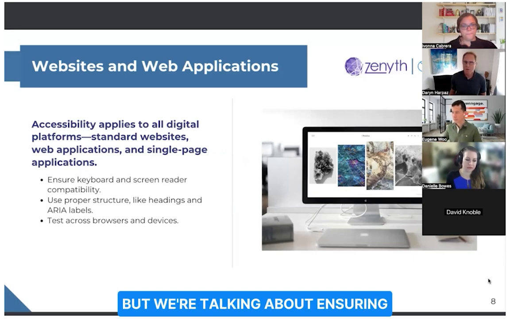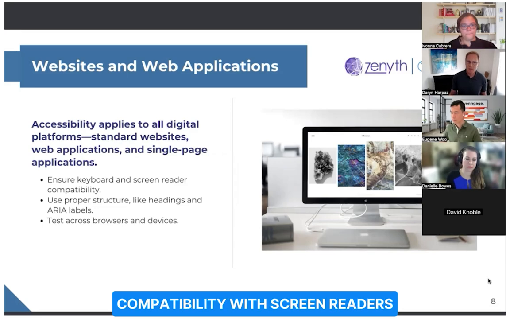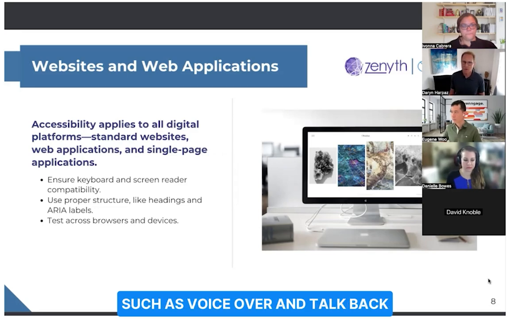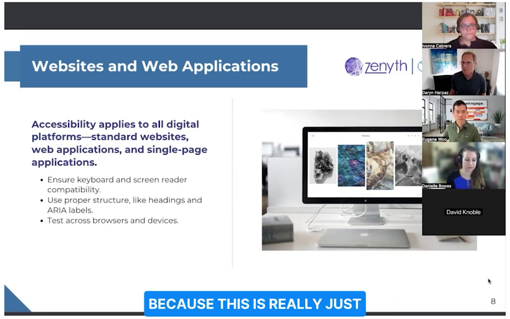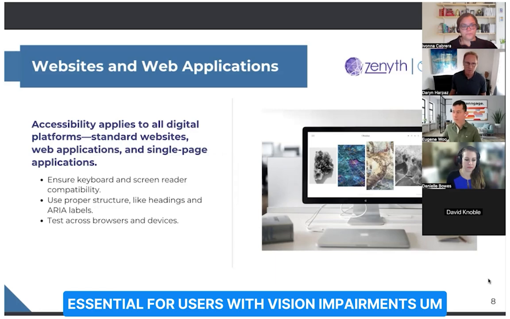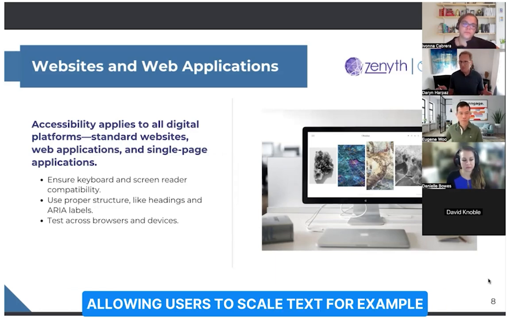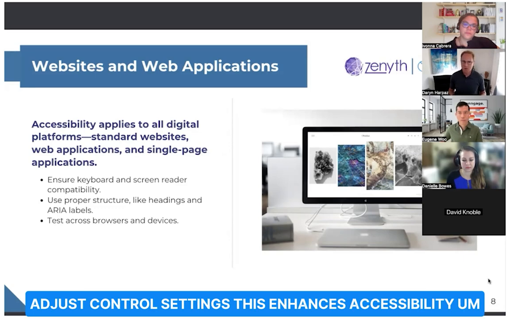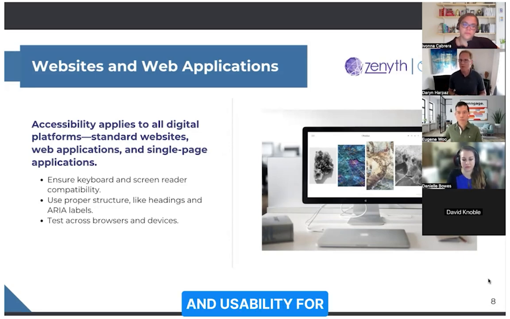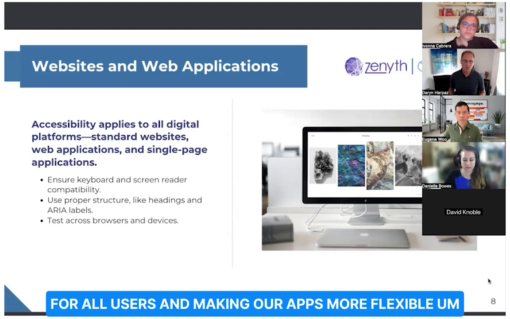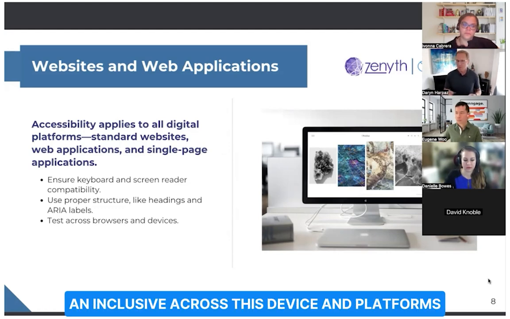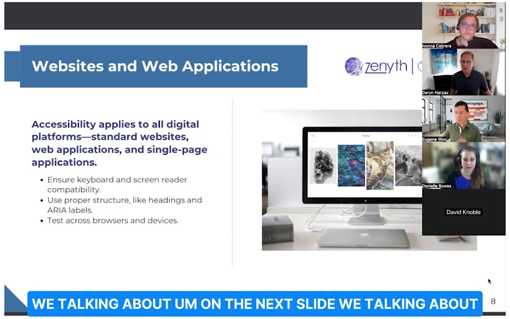We're talking about ensuring compatibility with screen readers such as VoiceOver and TalkBack, because this is really essential for users with vision impairments, allowing users to scale text, for example, and adjust contrast settings. This enhances accessibility and usability for all users, making our apps more flexible and inclusive across these devices and platforms.